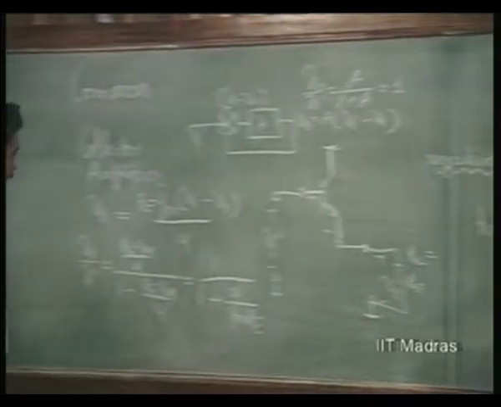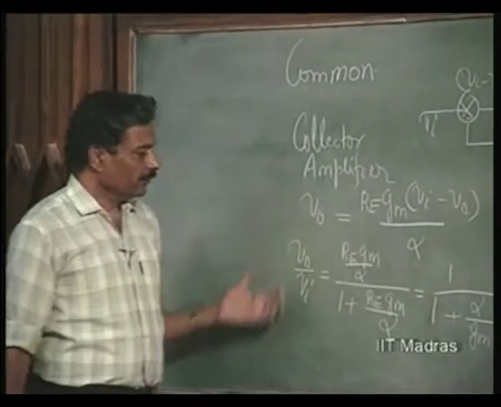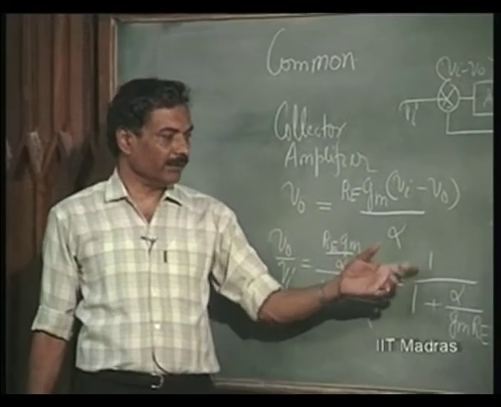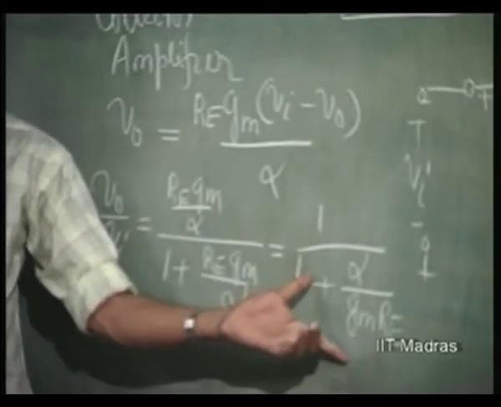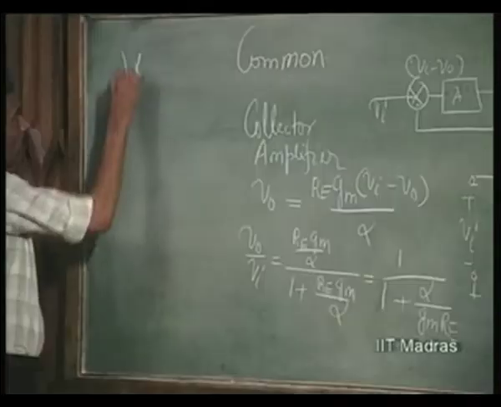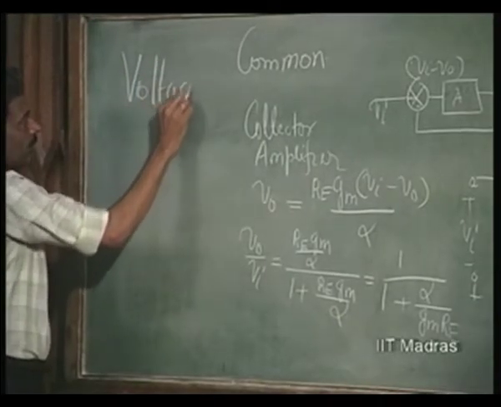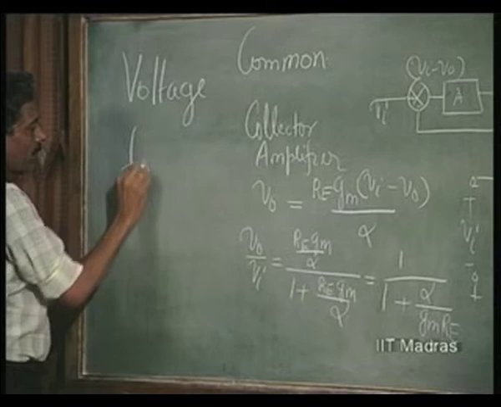So, you can see that this is the gain of the circuit, which is very nearly unity gain. This is also called a voltage follower.